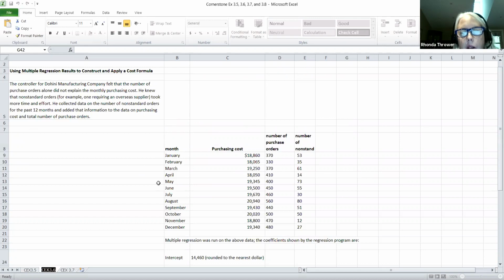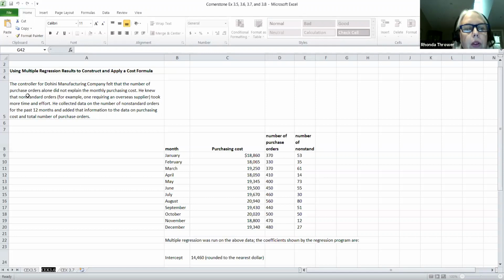Notice in this particular problem, we still have purchasing costs, we're still doing the purchase orders, but we also have another variable that they've added to it to make it a multiple regression. So we have two types of variable costs going on here, is what they're saying to us.